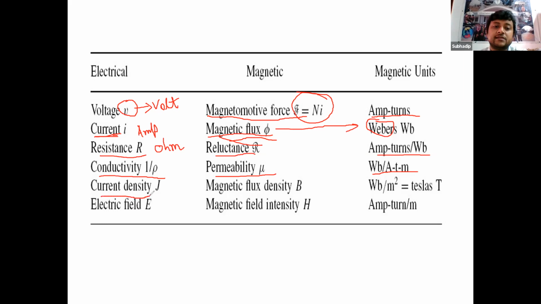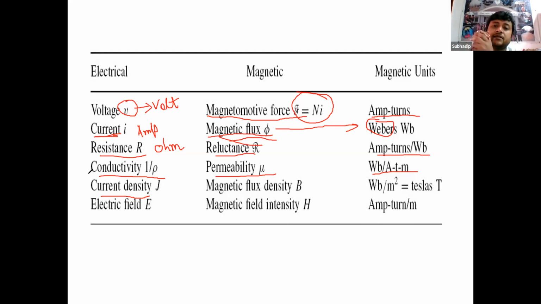Now current density in the electrical circuit is given by J, and you know J equals I by A, in ampere per meter square.